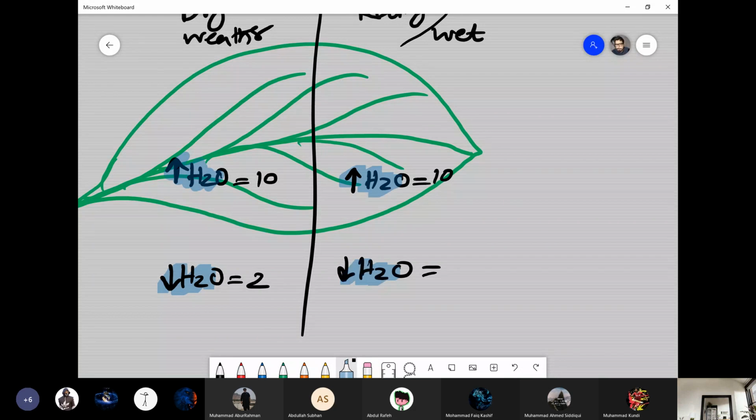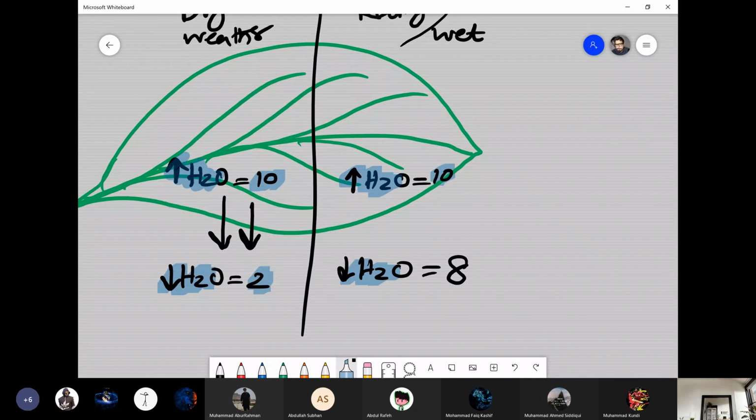But in dry weather, there are 10 molecules inside and only 2 molecules outside. So there is a huge difference of water molecules in the dry weather, so more water molecules will come out. But in the wet weather, there are 10 molecules of water inside and 8 molecules of water outside.